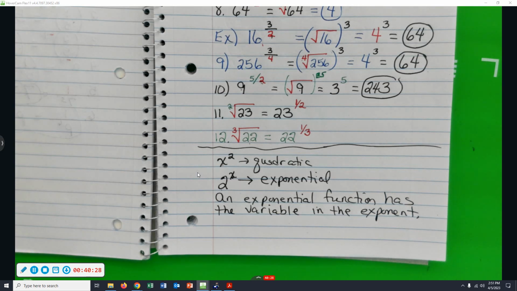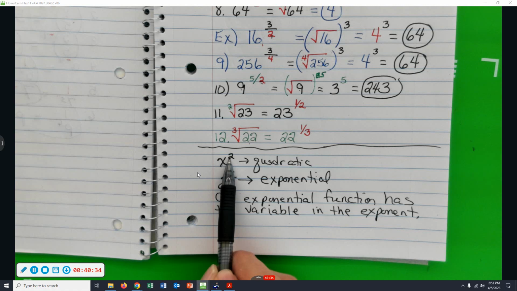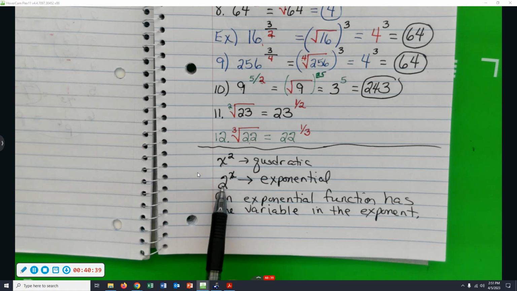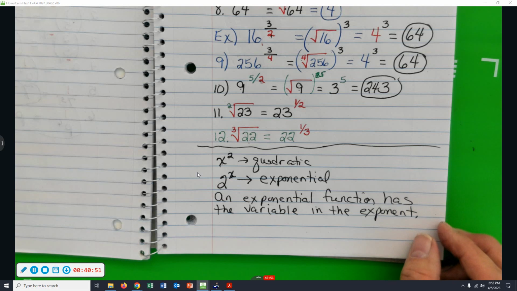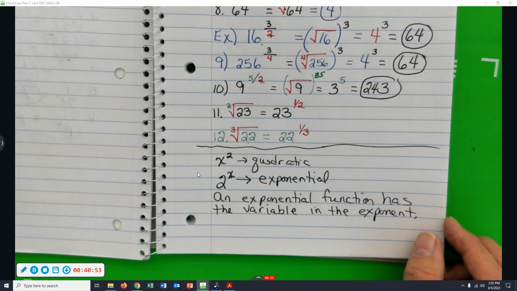Normally we have it the other way around. The variable is the base, and then the exponent is just a number, like x squared. Here it's reversed. The base is a number, and the variable is in the exponent. Make a note that the base can be any positive number except for 1.